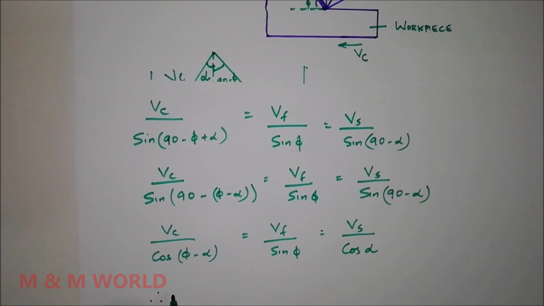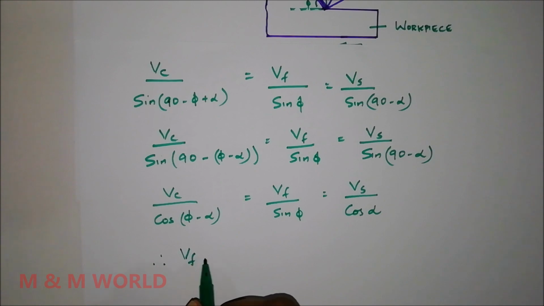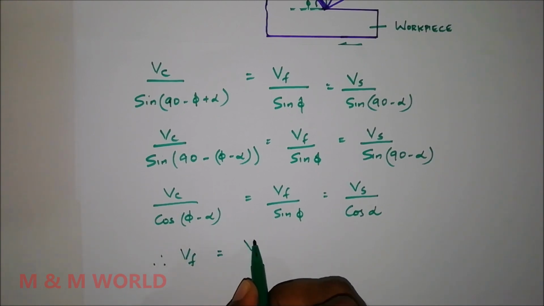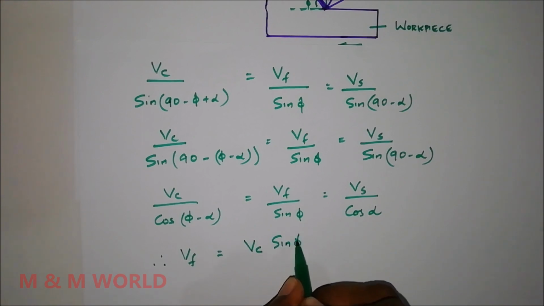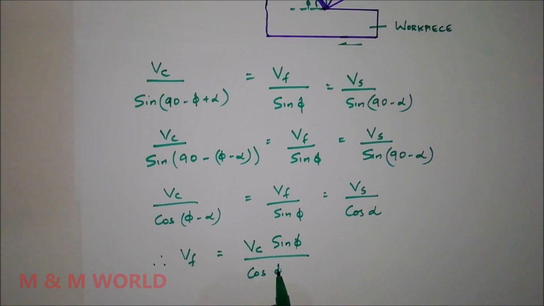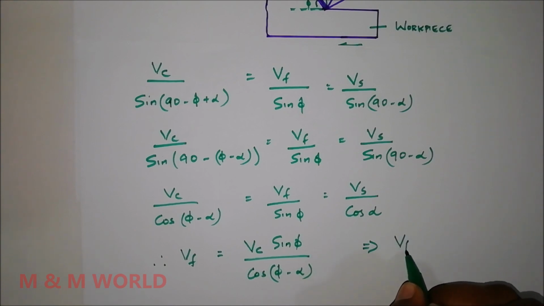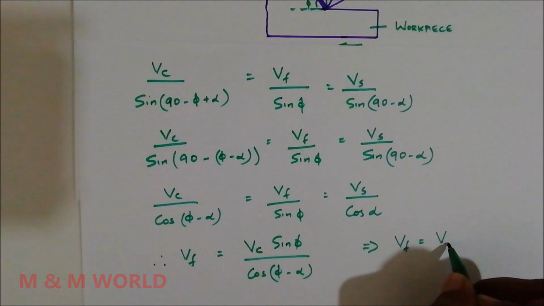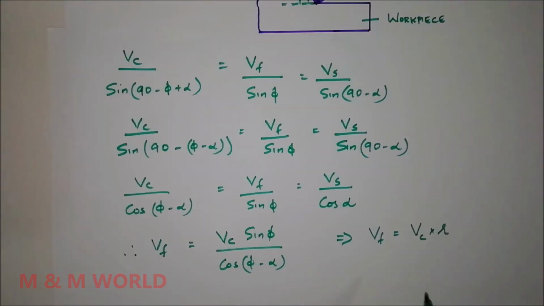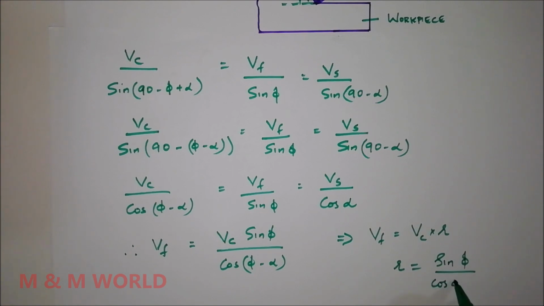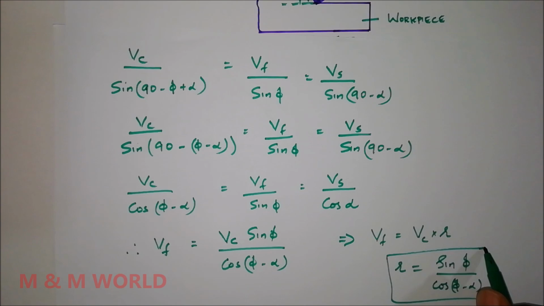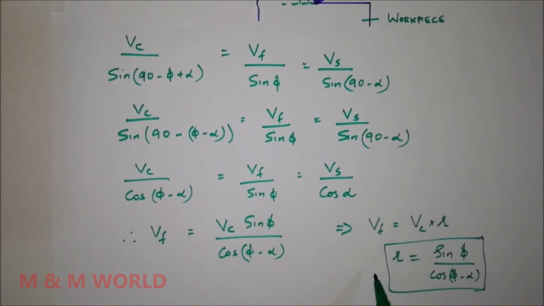Therefore VF is equal to VC sin phi divided by cos of phi minus alpha, which implies VF is equal to VC into R, because we have already studied that R, the chip thickness ratio, is equal to sin phi by cos of phi minus alpha. So VF is equal to VC into R.